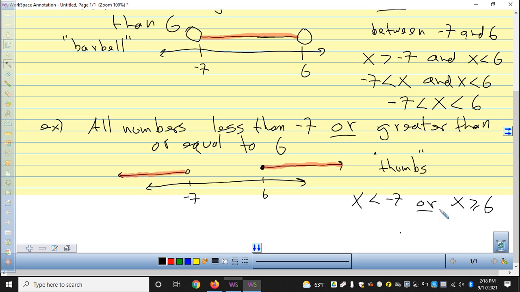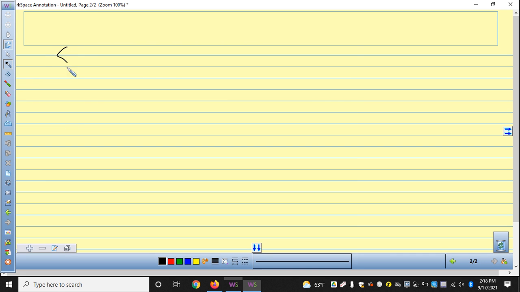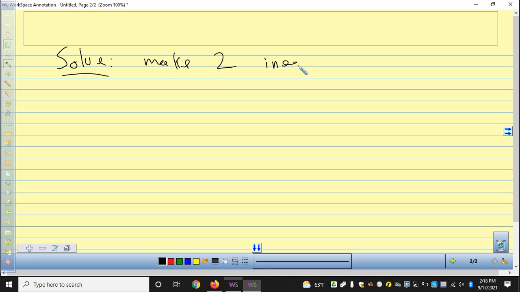Mostly what we're going to be interested in is solving these things. Solving them, meaning we want to get x, the variable, by itself, we're going to make two inequalities and solve both.